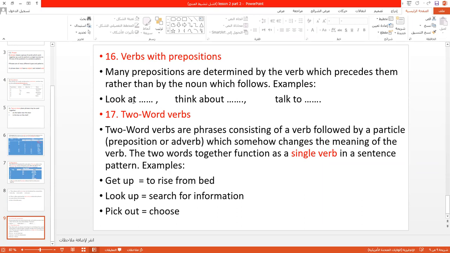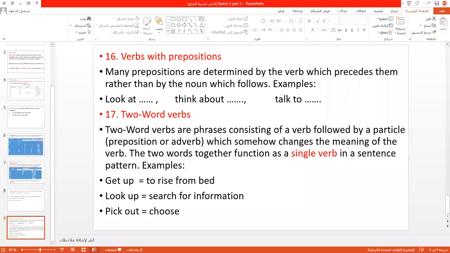Look at, think about. Look is a verb and at a preposition. Look at, think about, talk to. So these are what? These are verb phrases, a verb with a preposition after it.